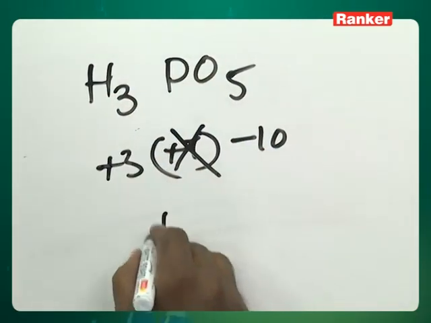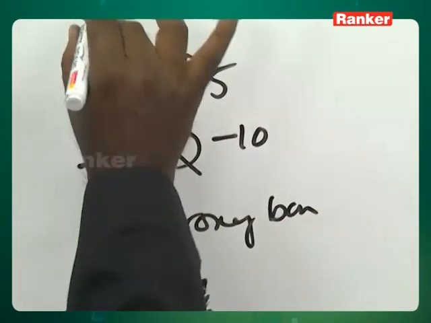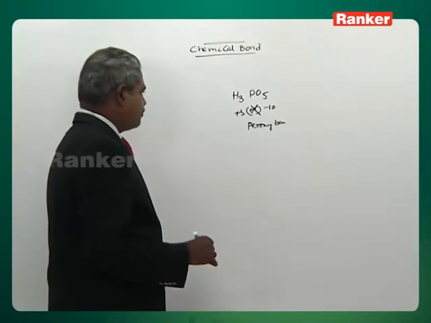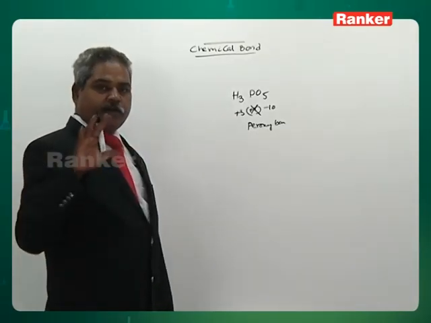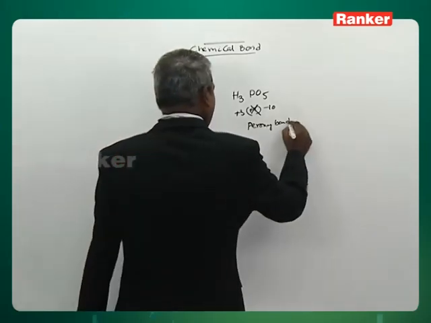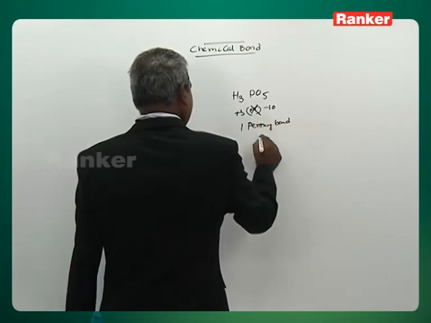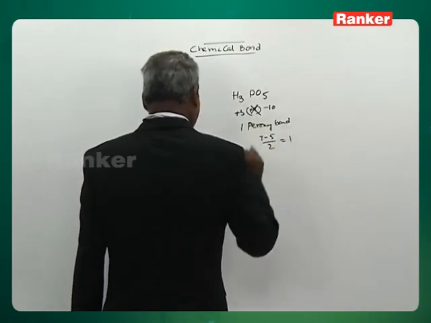Plus 7, therefore, it contains a peroxy bond. How many? 7 minus 5 by 2. Impossible is 7. The demand for electrons is 7, but oxygen can meet a demand of 5 only, maximum 5. So, 1 peroxy bond. 7 minus 5 by 2. Impossible minus maximum, by 2.